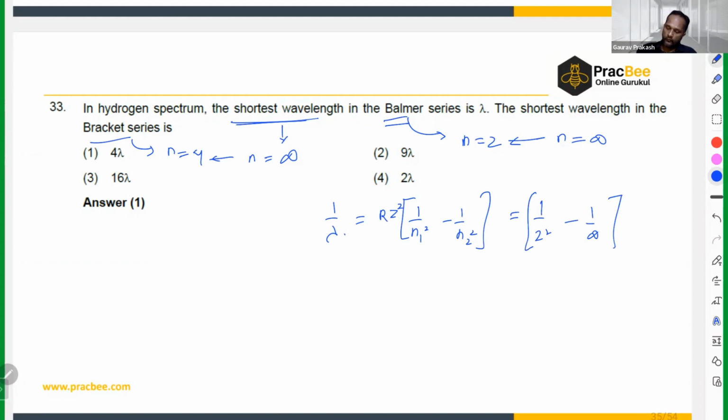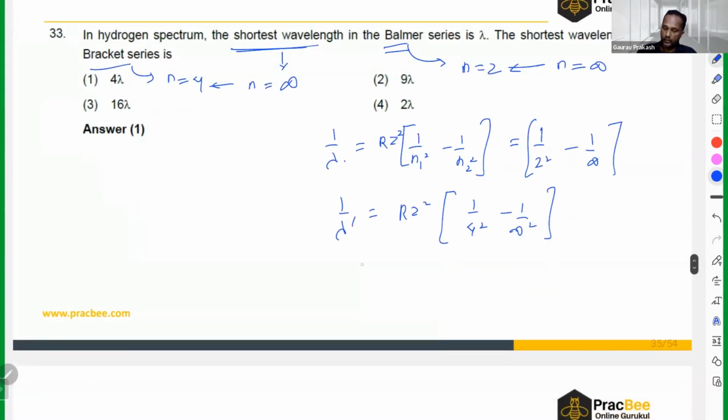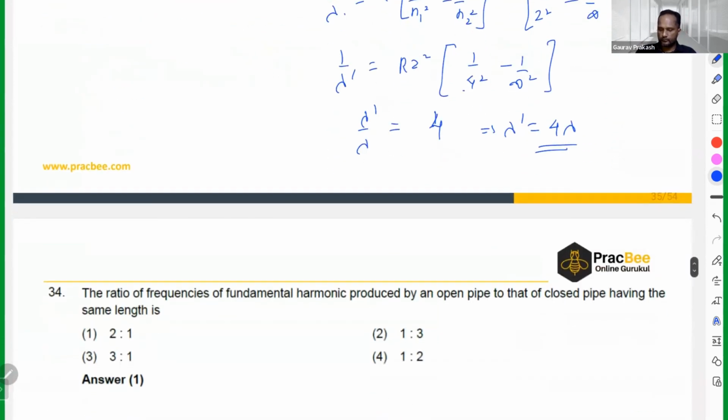So this is 1 by 4, and 1 by lambda dash is R Z square, and we have 1 by 4 square minus 1 by infinity square, which is 1 by 16. So lambda dash upon lambda will be like 16 and 4. So it becomes 4 times. So we have lambda dash is equal to 4 times lambda. So 1 is the correct answer.